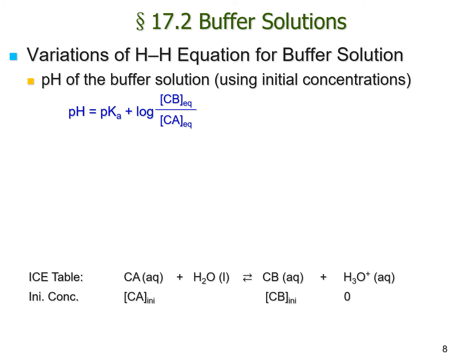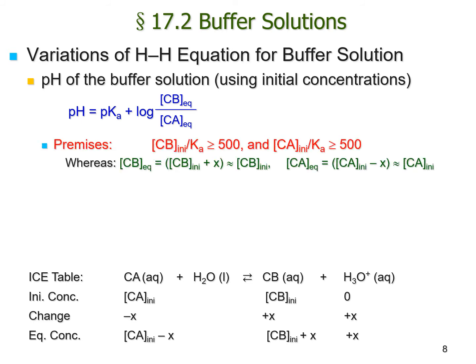So we know the initial concentration, and we can set up the change and the rest of the ICE table. So this is what we have. Initial concentration of conjugate acid minus X will be the equilibrium concentration of Ca. Cb initial plus X would be the equilibrium concentration for Cb, and the plus X would be the equilibrium concentration for hydronium.